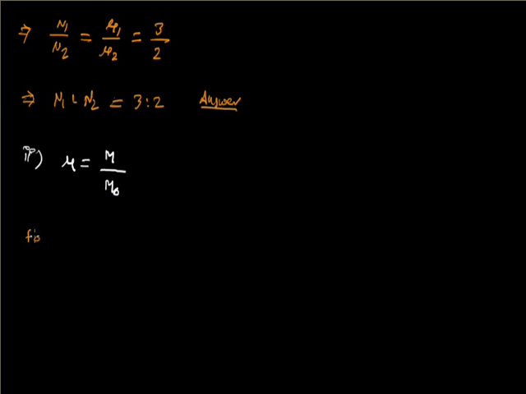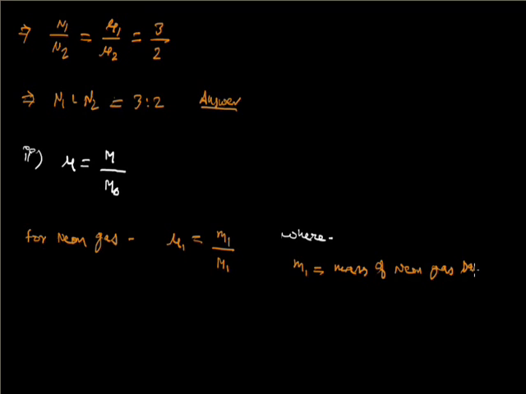So for neon gas we can write mu1 equals small m1 divided by capital M1, where small m1 is the mass of the neon gas sample and capital M1 is the molecular mass of neon gas.